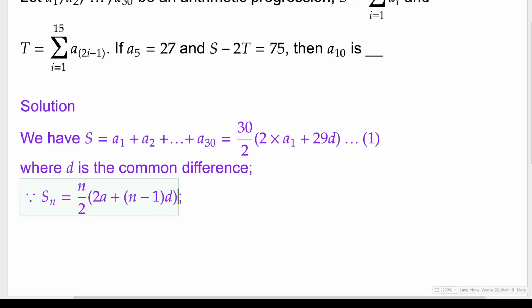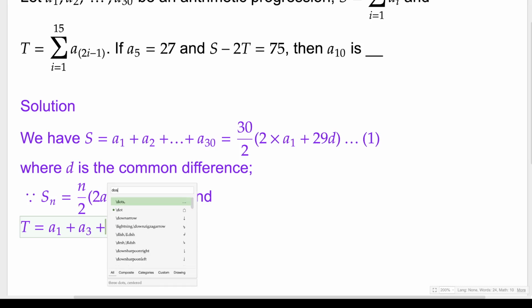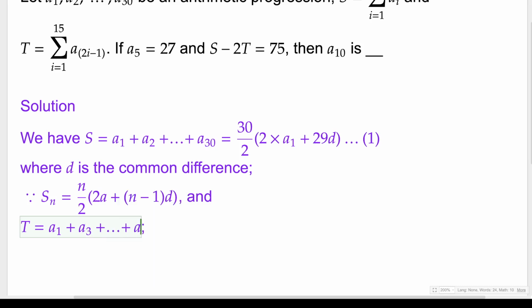This is the formula used here. For t, the summation is given, so we can write a subscript 1, then the next term a subscript 3, and this goes all the way up to a subscript 29, following the format 2i minus 1.